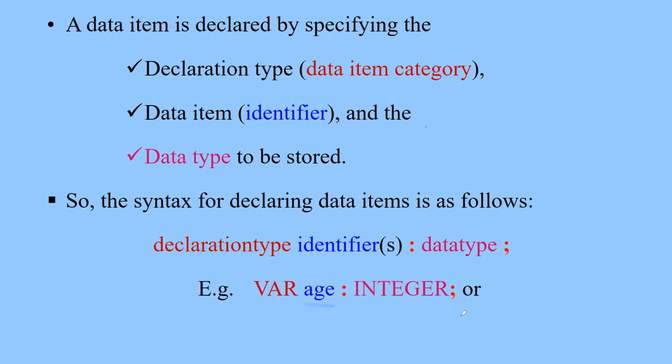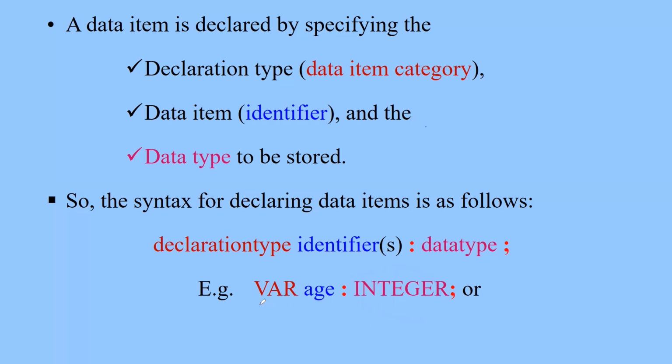So we are requesting the compiler to do the following. Set a memory location aside, called age, whose content will be changing during program execution, and that content will be a whole number.